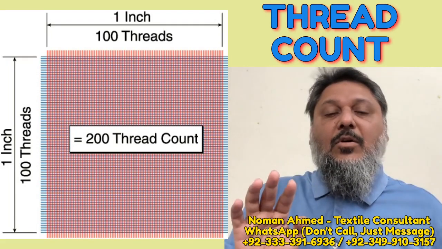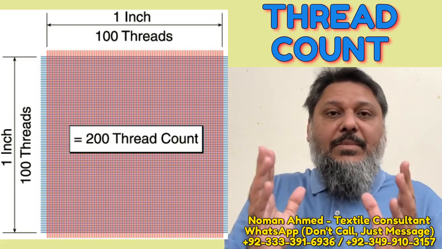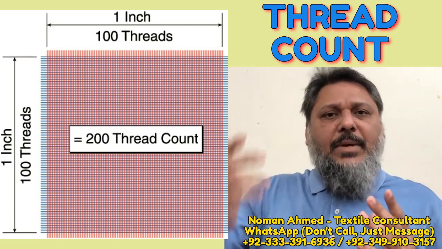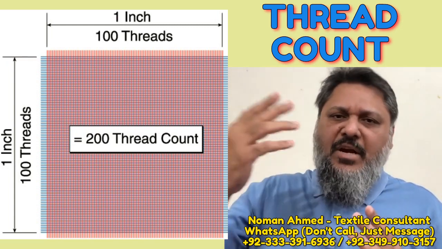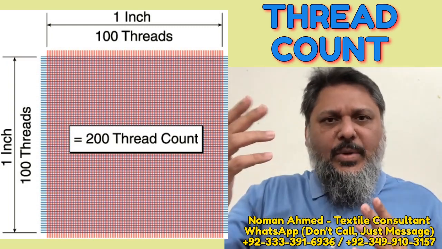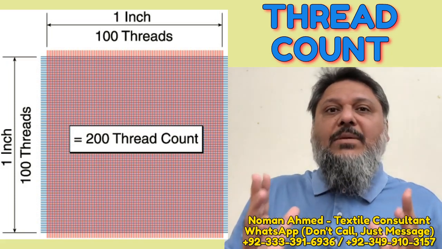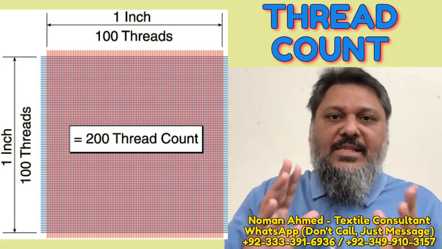The vertical threads are called warp and the horizontal threads are called weft. It can be 100 by 100, 100 vertical threads and 100 horizontal threads, or 110 by 90, 120 by 80, 170 by 30, anything. Usually we make fabric in 110 by 90 or 130 by 70.